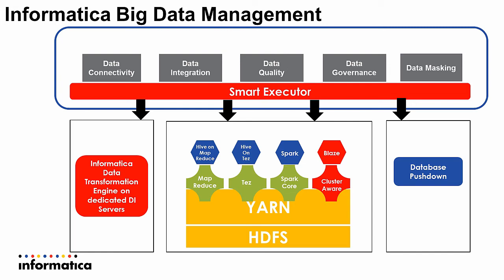Can I execute faster on Blaze? So the data integration on Hadoop component of Big Data Management allows you to process large amounts of data using any one of these supported processing frameworks, dynamically deciding at runtime which is the best engine to execute on.